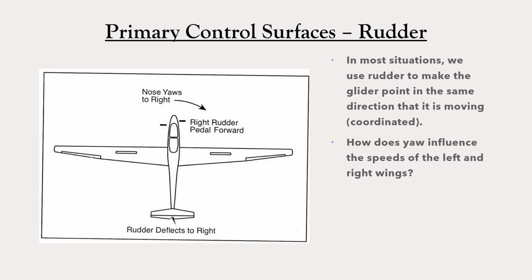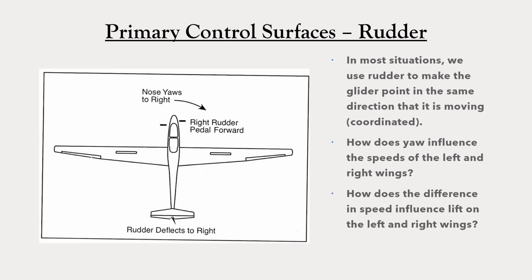When the wing goes faster, it produces a little more lift, which tends to cause some degree of roll. So when you yaw to the right with rudder, the aircraft will tend to roll to the right a little bit also. So at least in that case, the secondary effect is in the desired direction.